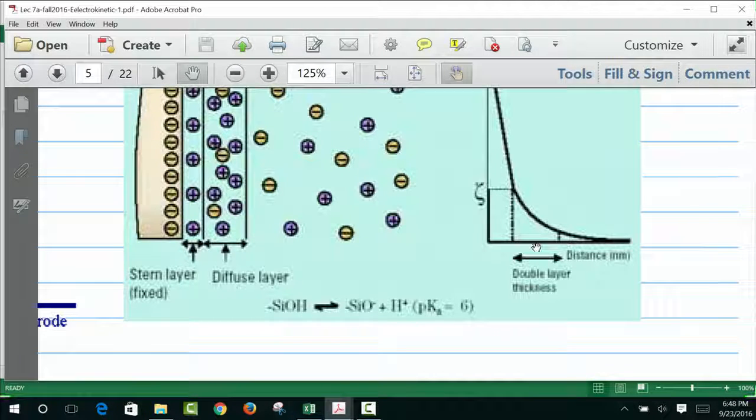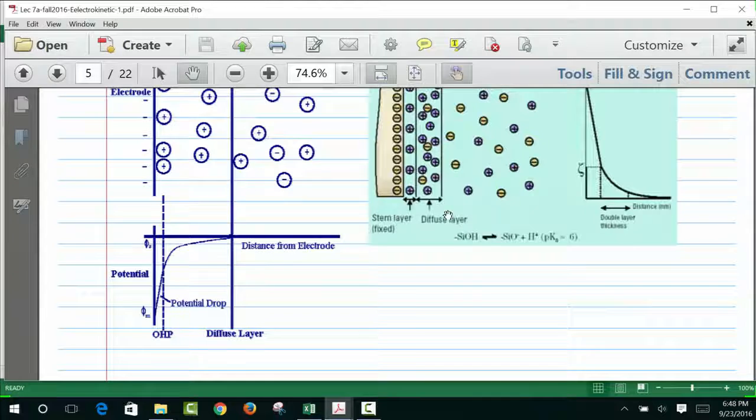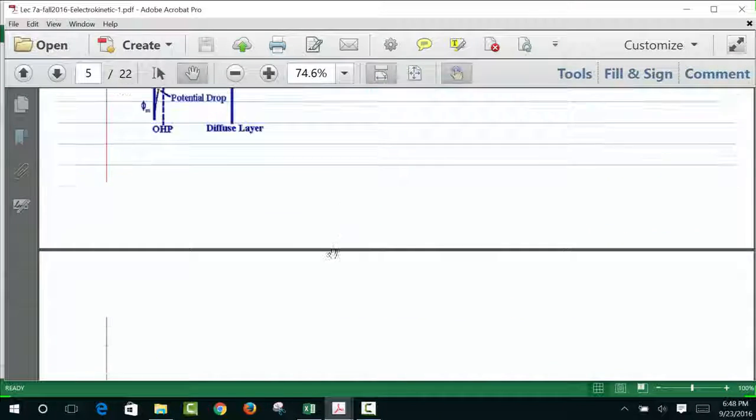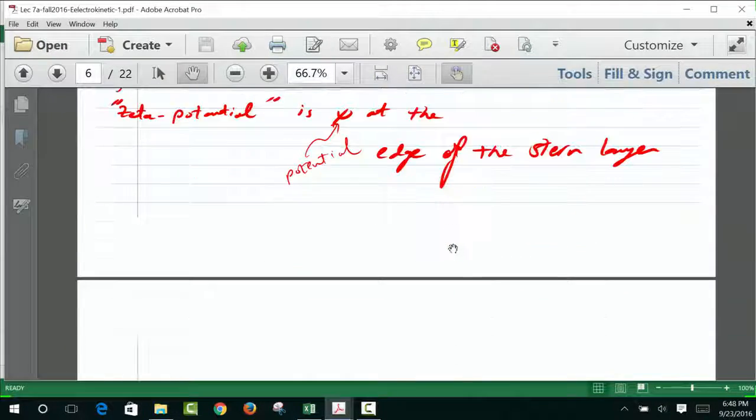So the molecules at that place are really under their own thermal fluctuation, not under the electric field's grip. Right? So the Stern layer and the diffuse layer, the two of them together make the electric double layer. Good?